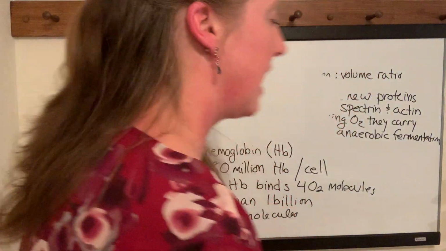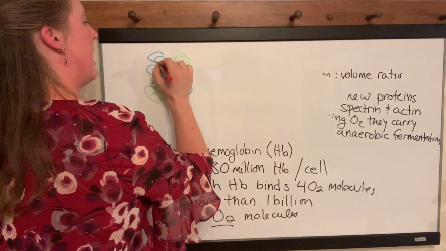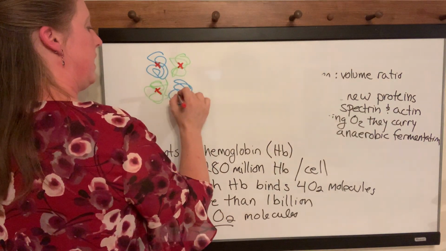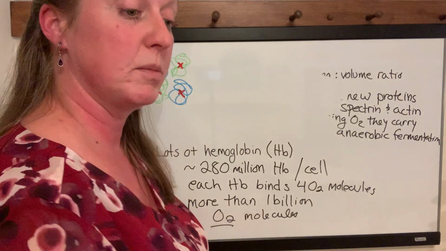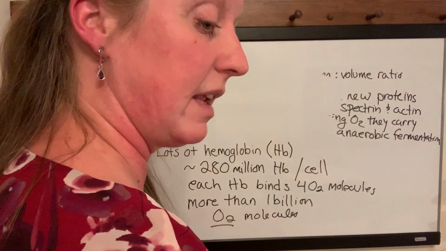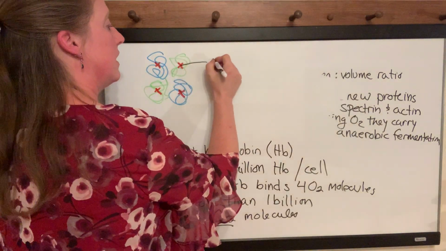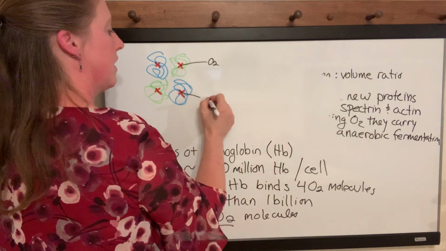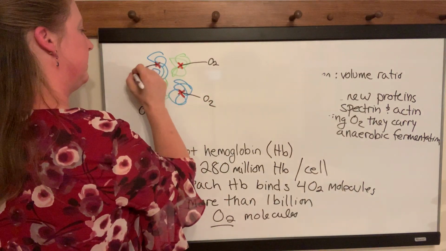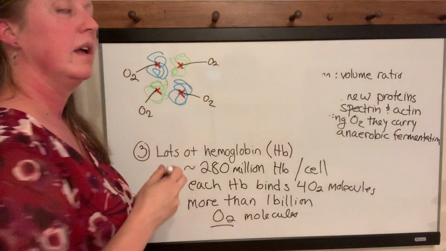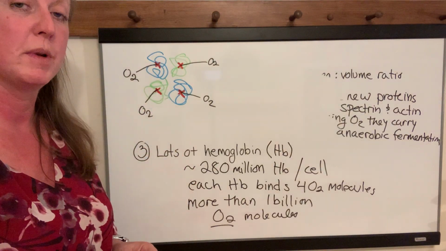And then inside each of the globins, there is a heme group, which is a heme pigment. In fact, it is what's responsible for making the red blood cell red. Now, each one of these heme groups binds 1 molecule of oxygen, making it 4 molecules of oxygen per hemoglobin molecule.